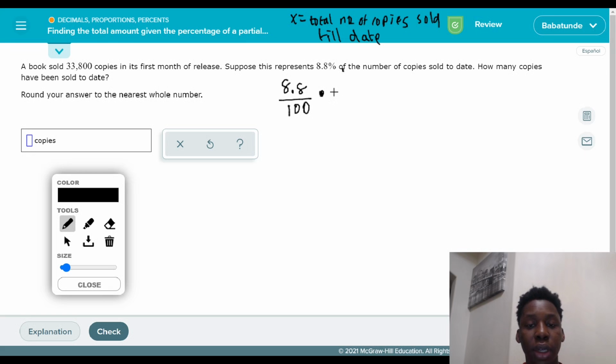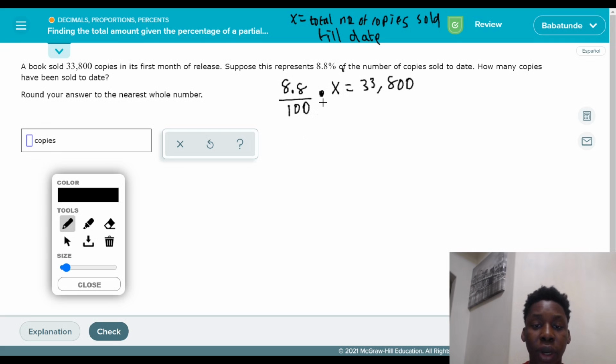That's a tip, but you have to understand the question you're using it for. So 8.8% of the total number of copies sold to date, which is x, equals 33,800. We have to find the total number of copies sold to date.